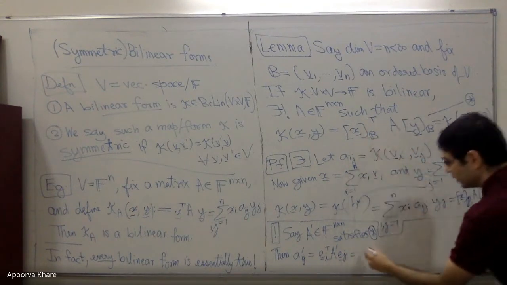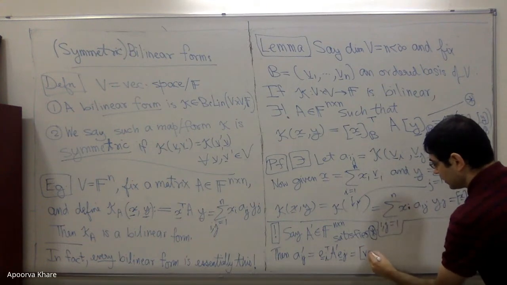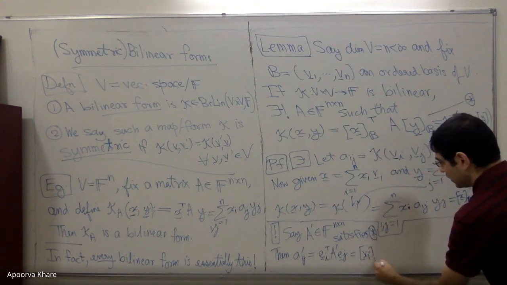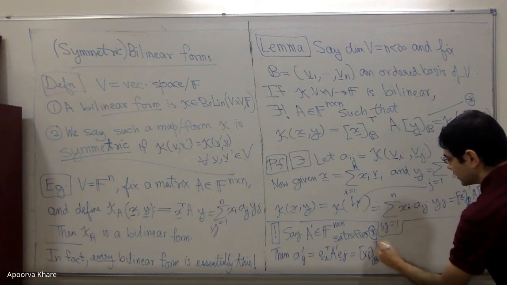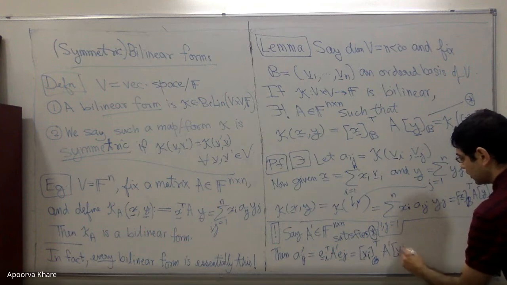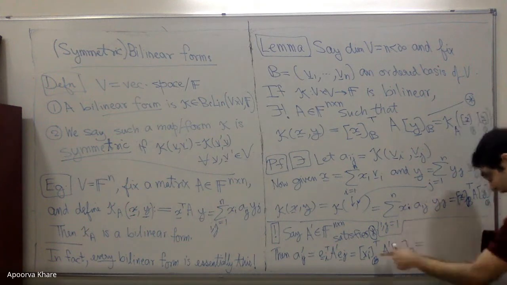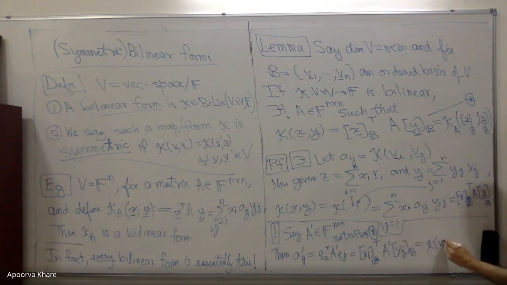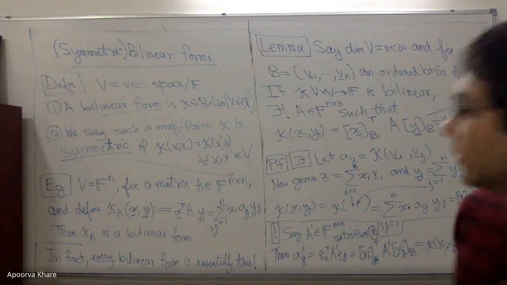Ei is exactly Vi in the basis B, transpose, then A prime, then Vj in the basis B. But that is equal to kappa of Vi Vj, and that is exactly Aij. And so the matrices A and A prime are equal at every entry, and so you're done. Okay, so this is very simple.